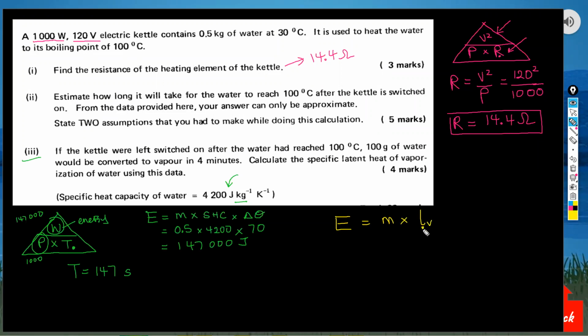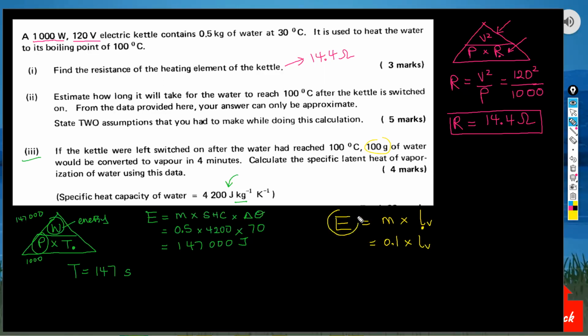We're trying to find LV, that's the aim of the question. They told us 100 grams of the water was converted into vapor, and these formulas work with kilograms, so we divide by 1,000 and get 0.1 kilograms.